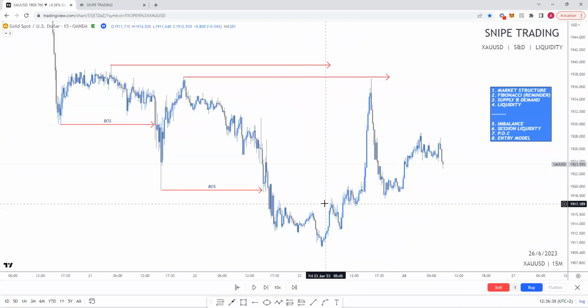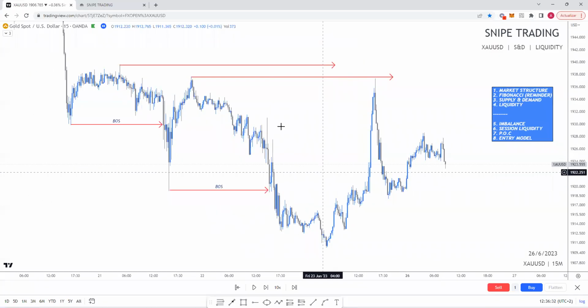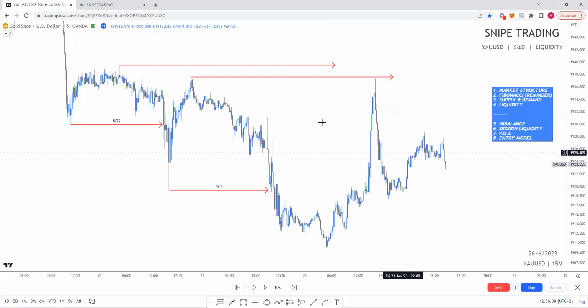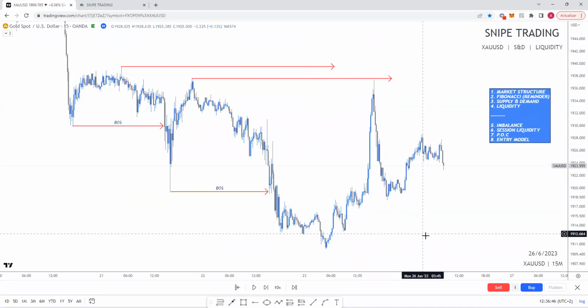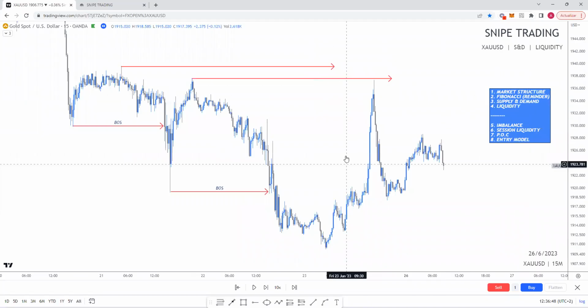So pretty much the market structure is pretty bearish, okay? If we take into account the past 3 days of the last trading week, market structure was pretty bearish. So it's okay to be looking for sells. Plus we see price failing to break any zone to the upside, which is also a good indication.